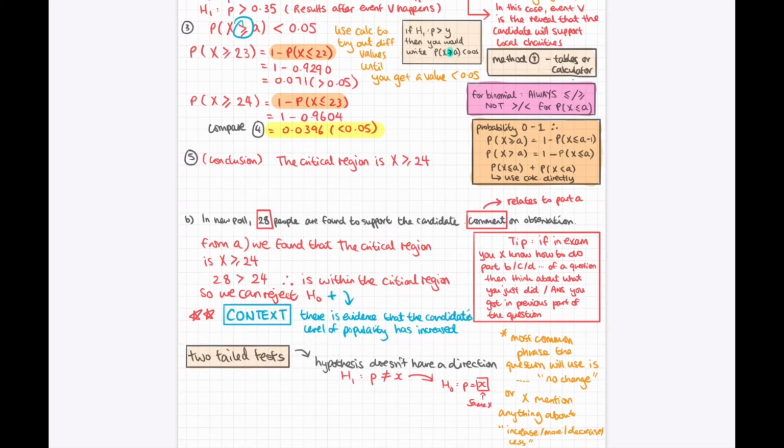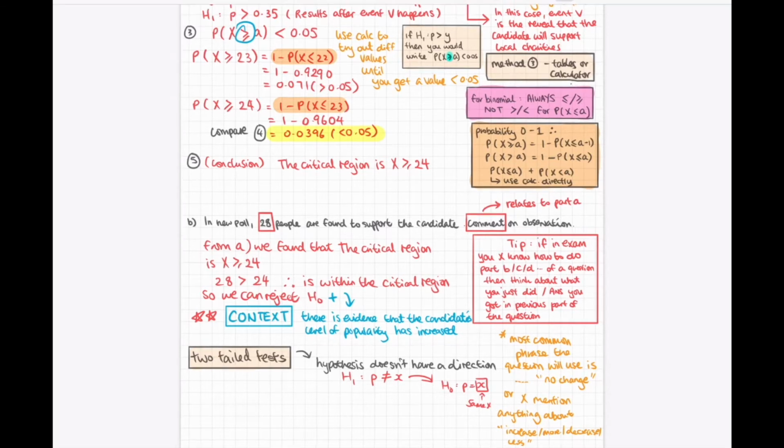What you need to know is that you have to either double the p-value for your observation or halve the significance level you are testing against at the end.